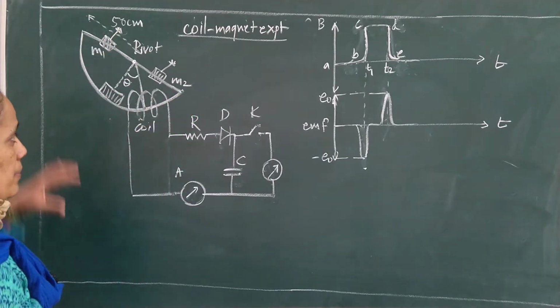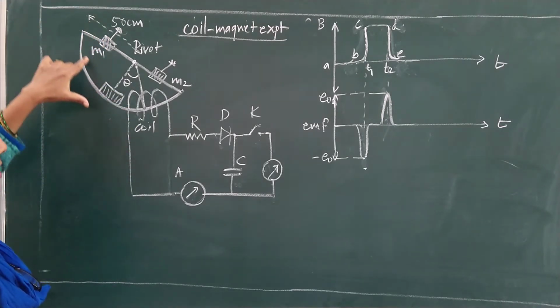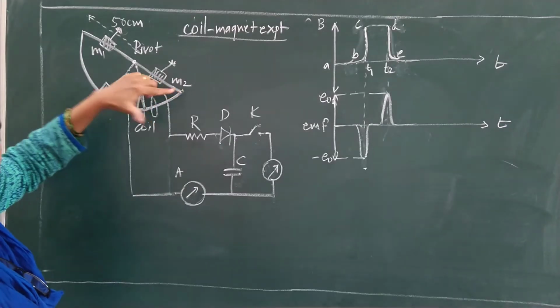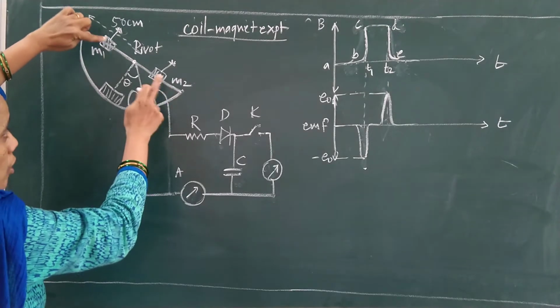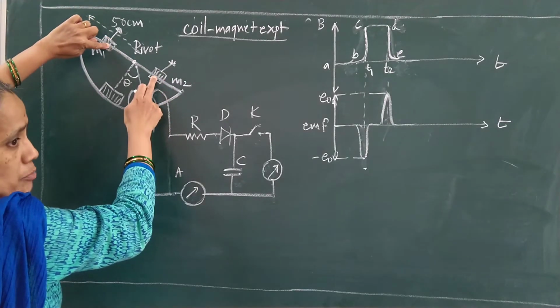Now how does the magnet move? When this semicircular arch is set into oscillation. Only this arch is fixed through M1 and M2.